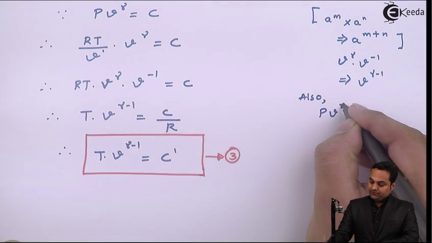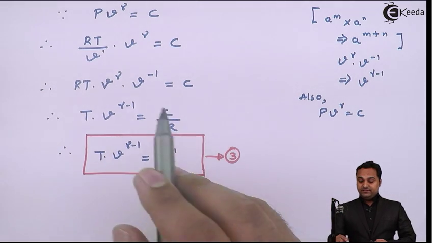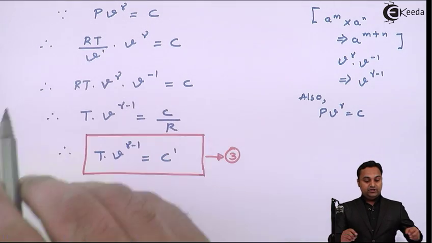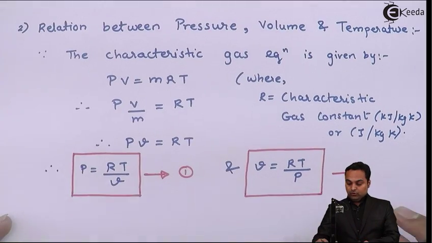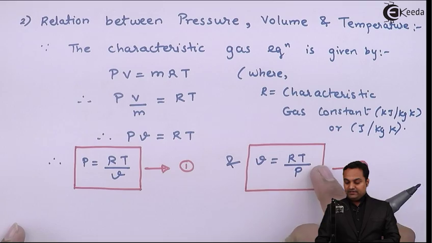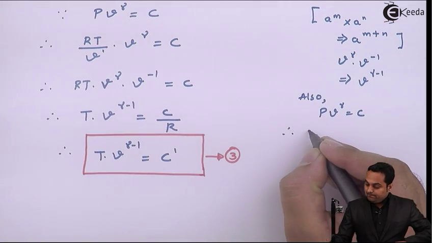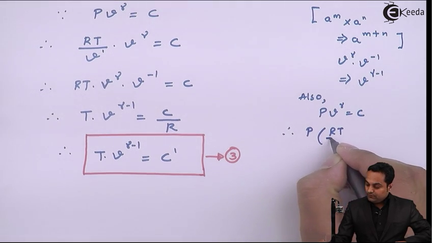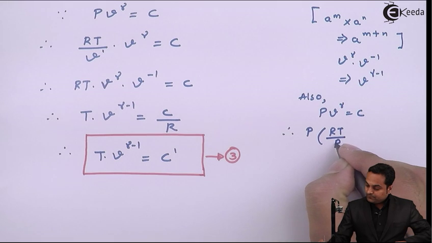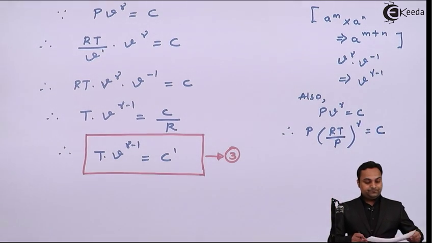Next I'll again use this law, that is, PV raised to gamma is equal to constant. Previously what I have done is put the value of pressure. Now in this case I am going to put the value of volume, which is specific volume, RT upon P, that I am going to put here. So P into RT upon P raised to gamma is equal to constant.